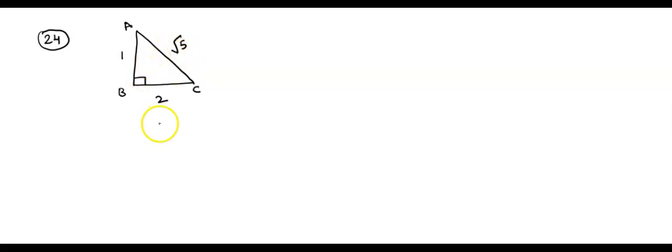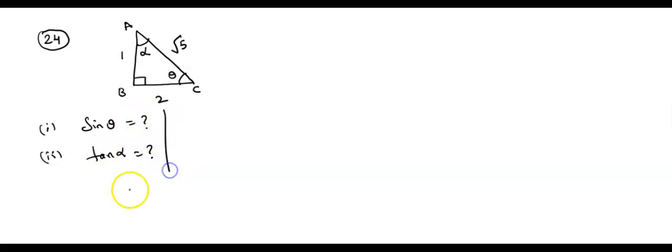And here, as you can see, they have given two acute angles. One acute angle is theta and another acute angle is alpha. Okay. And what are they asking us to find? They are asking us to find the value of sin theta and then tan alpha. Remember this. So these are the two unknowns.